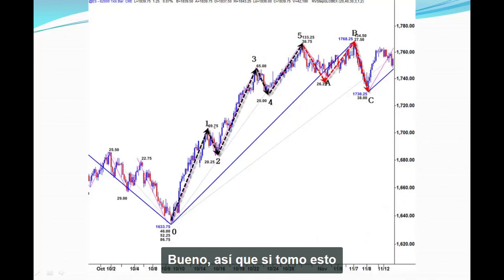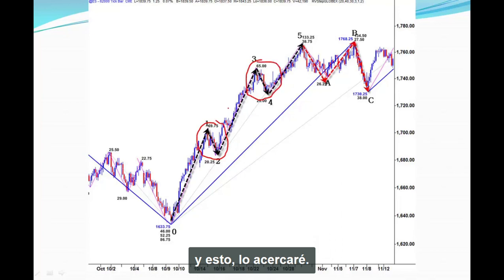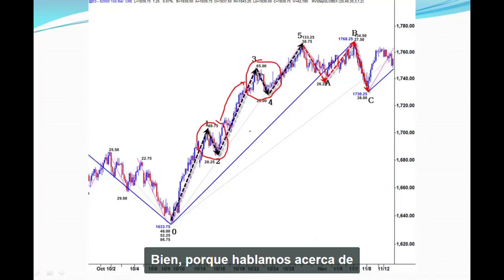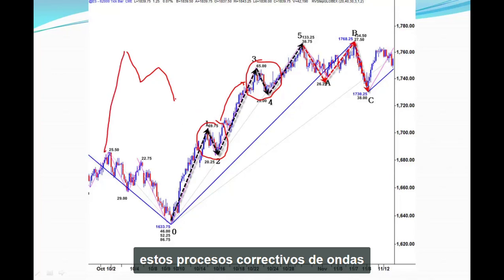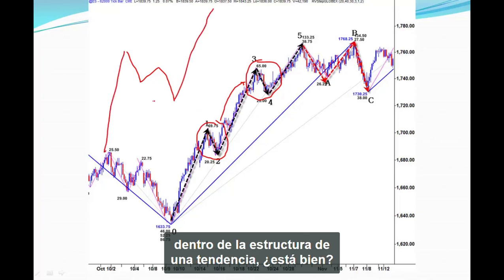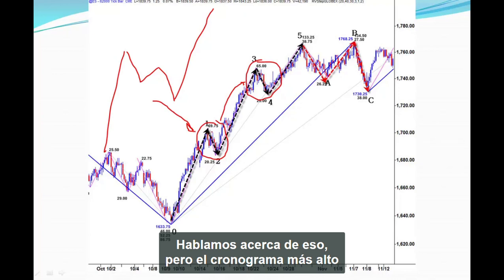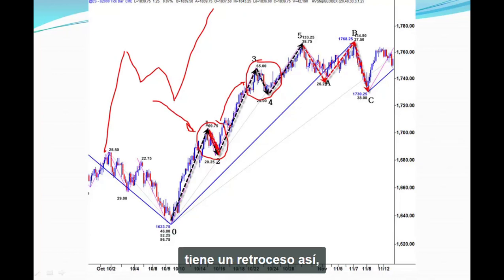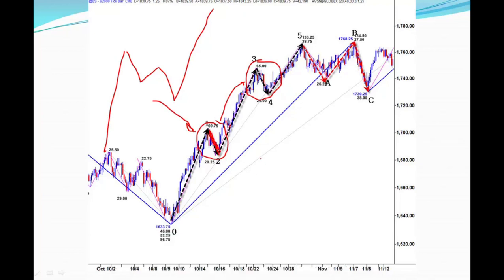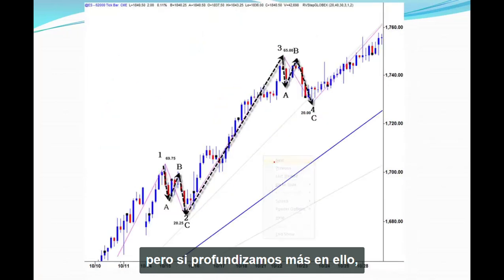All right, so if I take this, and I'm going to zoom in, okay, because we talked about these corrective wave processes within the structure of a trend, right? We talked about that, but the higher time frame has its retracement like that. But if we delve deeper into it, we could see what happened.